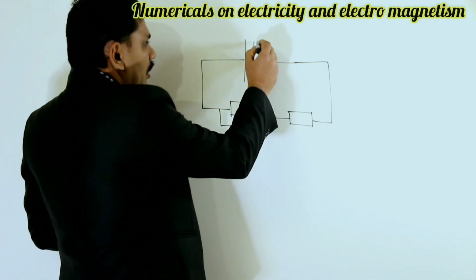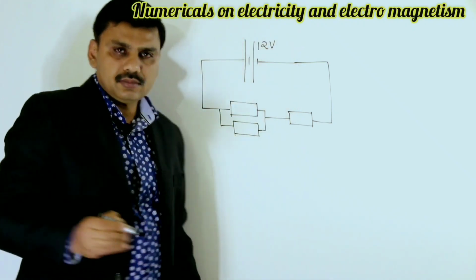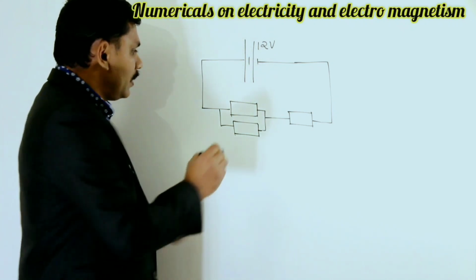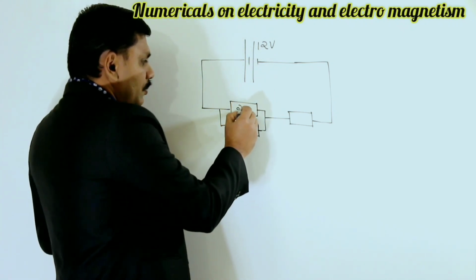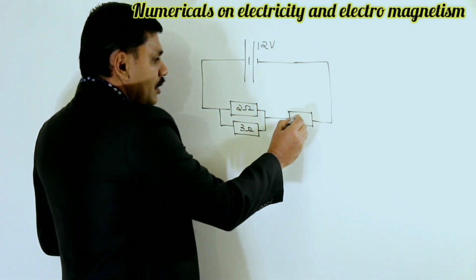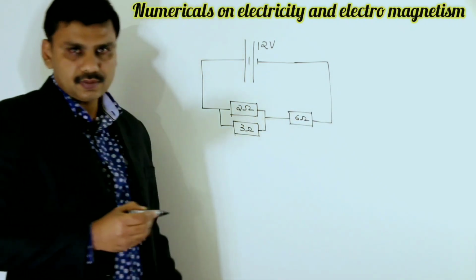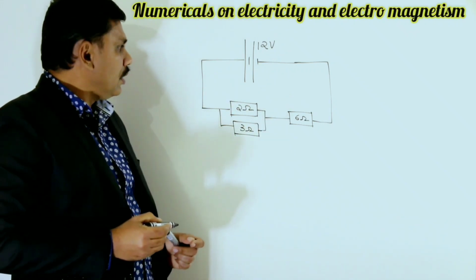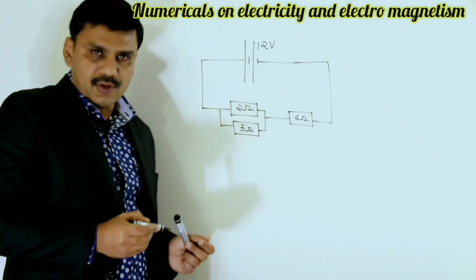Suppose I am applying 12 volt. Battery is connected. Suppose this is 2 ohm, this is 3 ohm, this is 6 ohm. So this is a simple circuit.